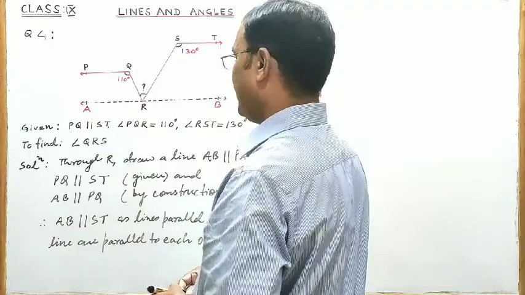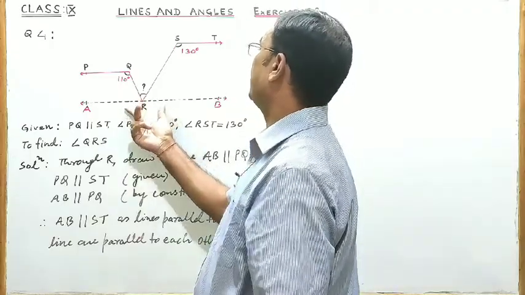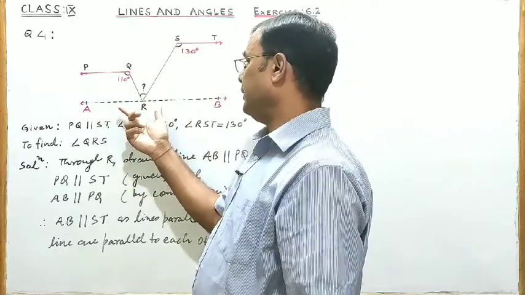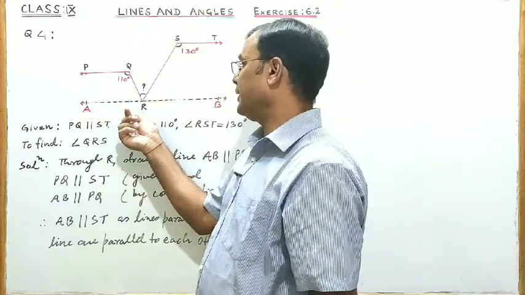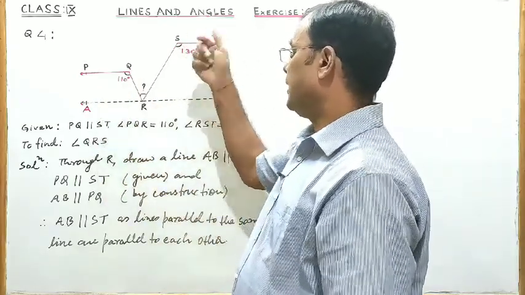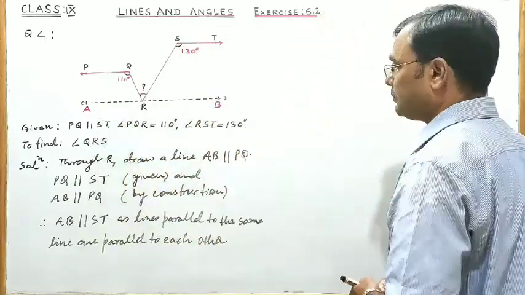So this way AB is parallel to ST. PQ is given parallel to ST, and we have constructed AB through this point R parallel to PQ, so it has become parallel to ST also.